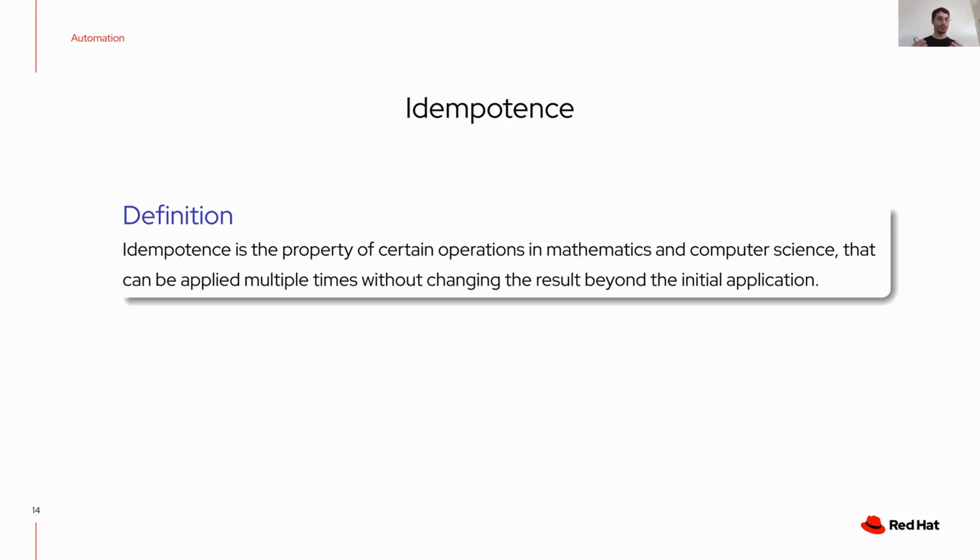Or if something needs to change, then only those things will change to match exactly what we described. So effectively, the idea here is that we are going to describe the state that we really want more than the process to obtain that state. Now, that's not always possible, but the more we can move to that approach of idempotency, the easier it will be to have and manage automation.